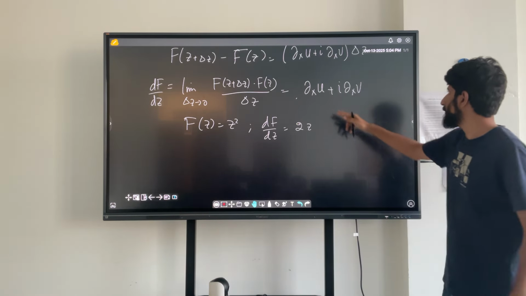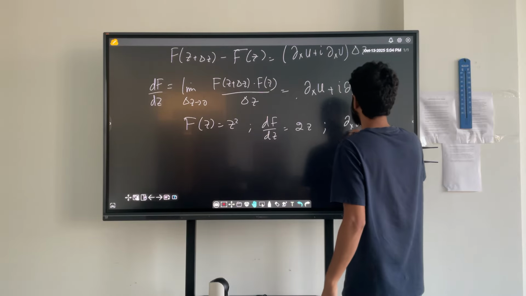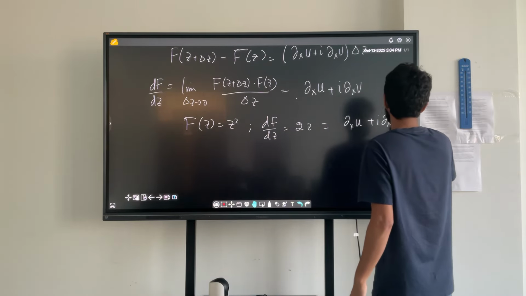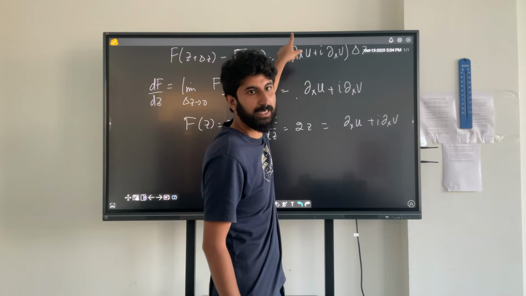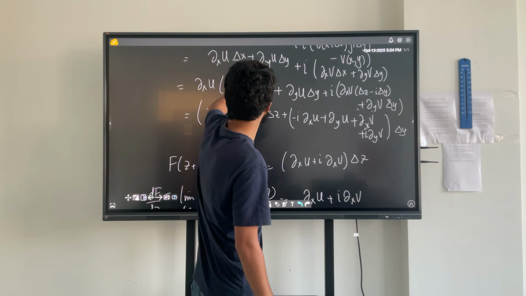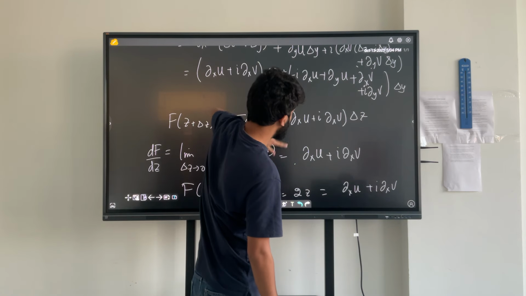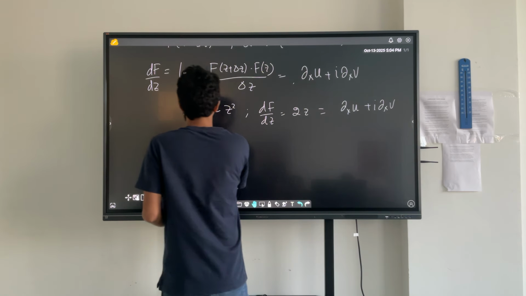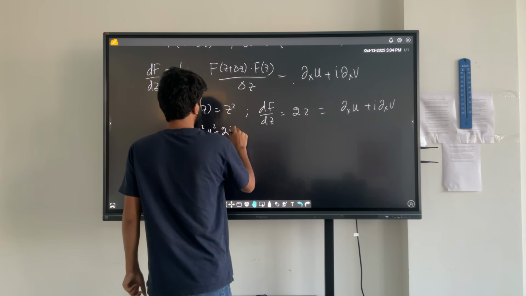But this is also equal to partial x of u plus i times partial x of v. For f of z equal to z square, I had calculated u and v: it is x square minus y square plus 2i xy.